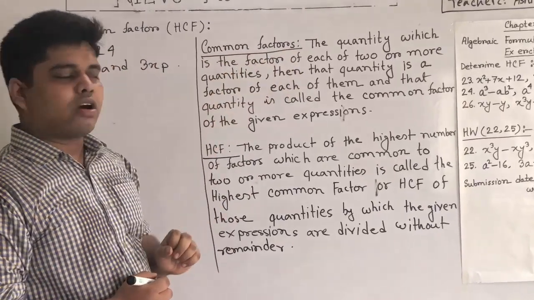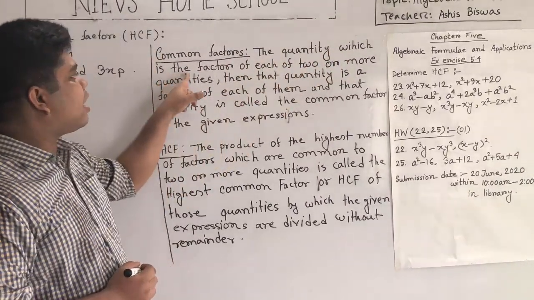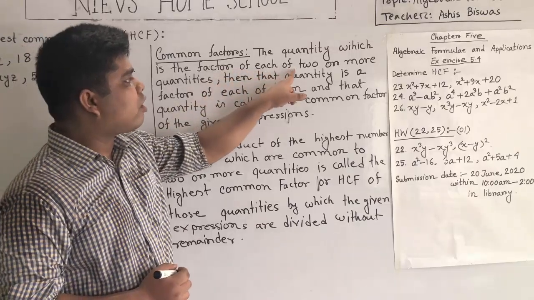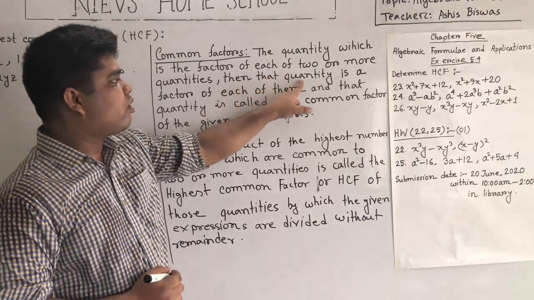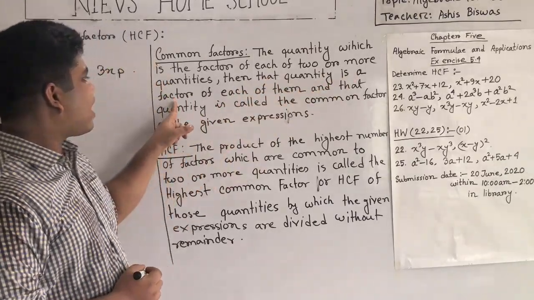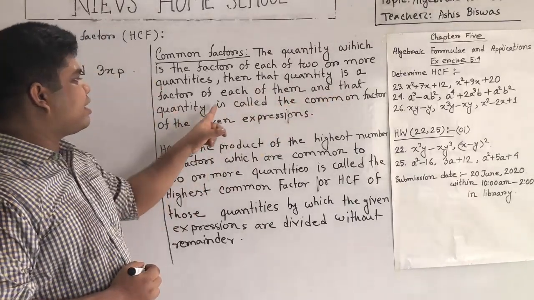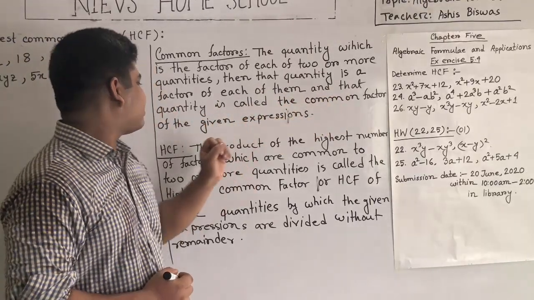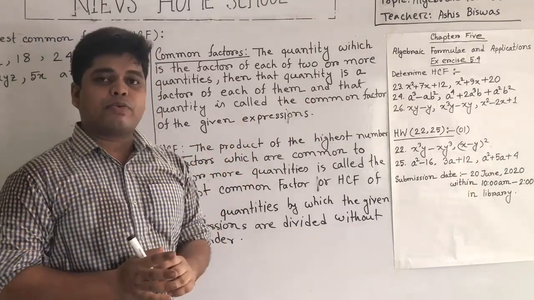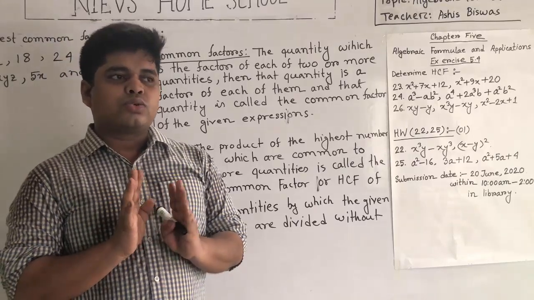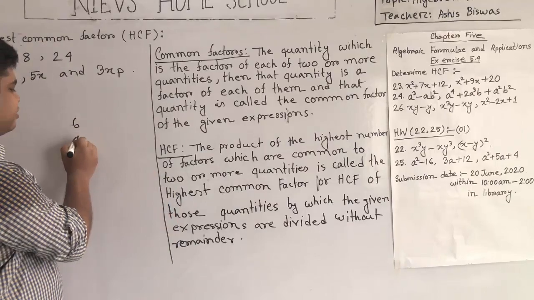The quantity which is a factor of each of two or more quantities is called the common factor of the given expressions. Suppose two numbers are given, 6 and 4.